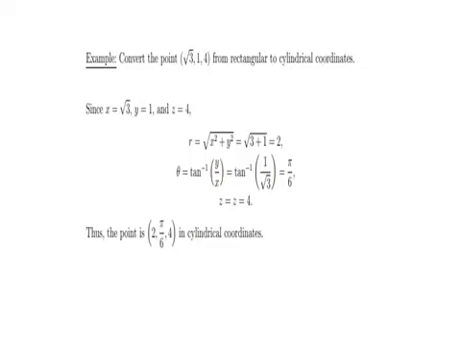And theta is obtained from tan inverse y over x. Putting the values of y and x, we get theta equals pi by 6, and z remains the same in both coordinate systems, so z equals 4. Thus the point is (2, pi by 6, 4) in cylindrical coordinates.